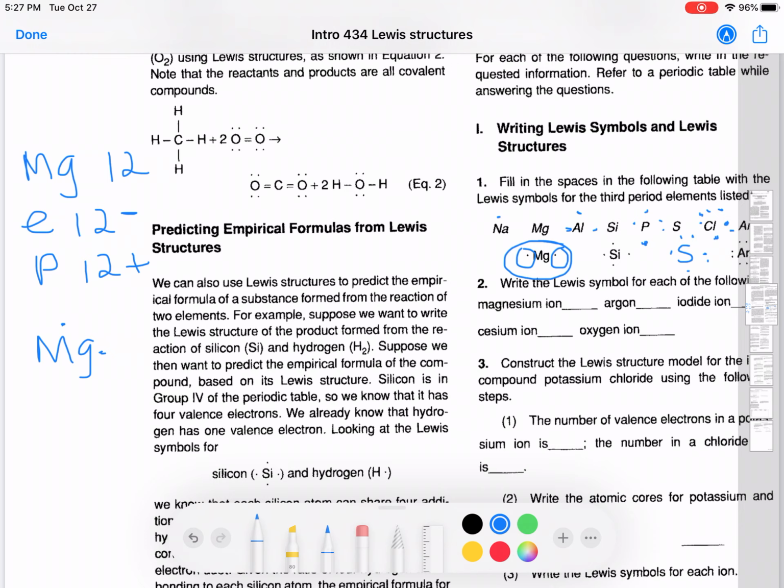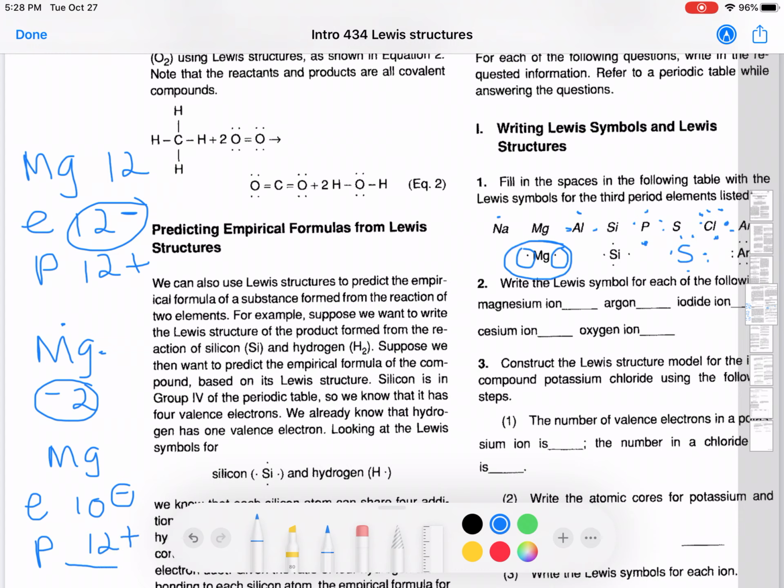But now it loses 2 electrons. It loses these 2 electrons, so then the magnesium will look like this. If it loses 2 electrons, what would be the number of electrons magnesium is going to have? It had 12. Lose 2 electrons. Now it has only 10 electrons, 10 negative charges. Did we do anything to the protons in magnesium? No. 12 positive protons.